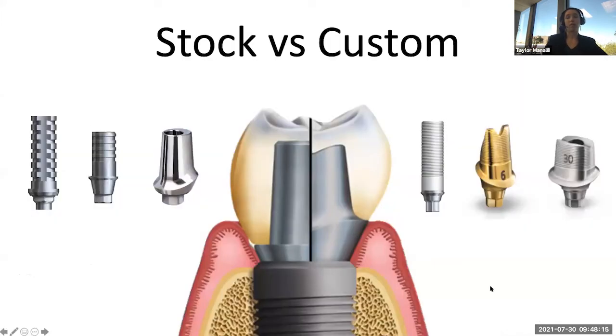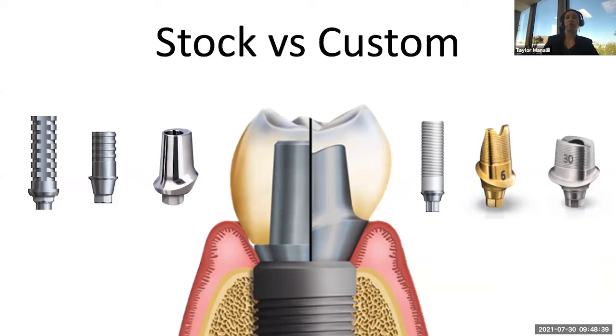I know I've lectured on this so many times, and it's nice to see what people are choosing and the trends. We see more and more people, when doing cement retained crowns, getting away from these stock abutments and moving towards custom abutments. That's simply because of the margin location, right?